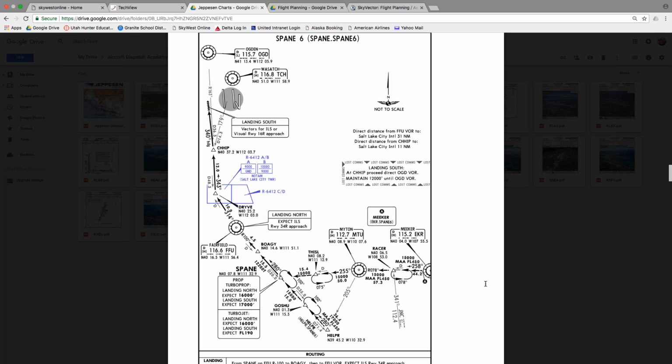Okay, so 33.6 plus 57.3 plus 11.6 minus 50 minus 11.6 gives us 38.4. This is how long our en route segment is.